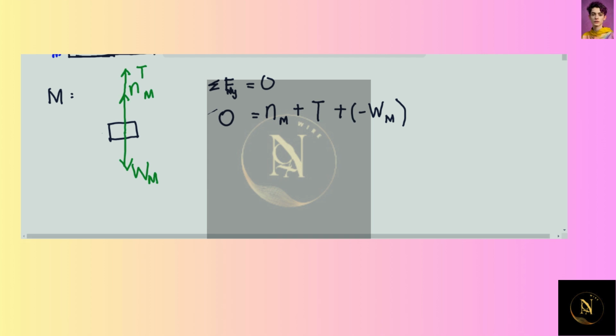Simplifying and isolating the normal force to the left side of the equation, we have N sub big M is equal to big M times g, which is the weight of the man, minus the tension.